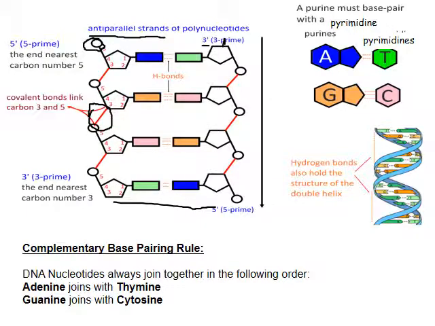So really strong bonds between the individual nucleotides in each strand, but weak hydrogen bonds between the bases holding each strand together. Just a reminder down the bottom, we've always got what we call our complementary base pairing rule. Adenine always joins with thymine, guanine always joins with cytosine.